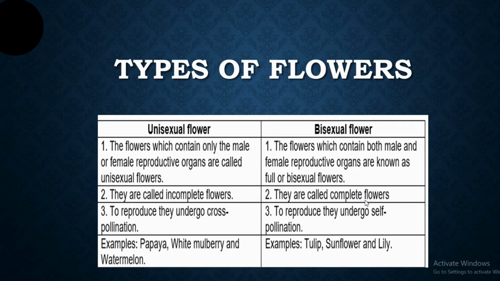Now flowers, based on whether both male and female parts are present or only either of them, can be classified into unisexual and bisexual flowers. Flowers where only the male or the female reproductive organs are present are called unisexual flowers, also called incomplete flowers.